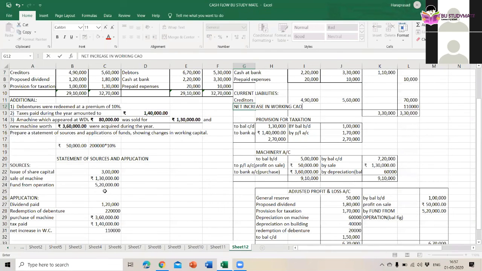So if we add this, 9,50,000 in the sources and here in the application of funds, it should tally, 9,50,000 rupees. Okay, it is tallied now. So hence we have made it right.